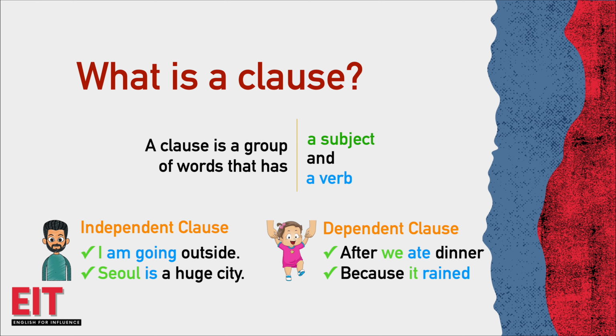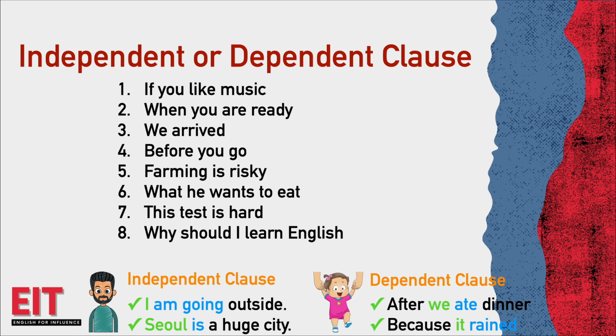So a dependent clause would not make sense unless you attach it to an independent clause. Okay, now let's look at these examples and try to identify if it is an independent or dependent clause. I highly encourage you to pause this video right here so that you can try the exercise for yourself.